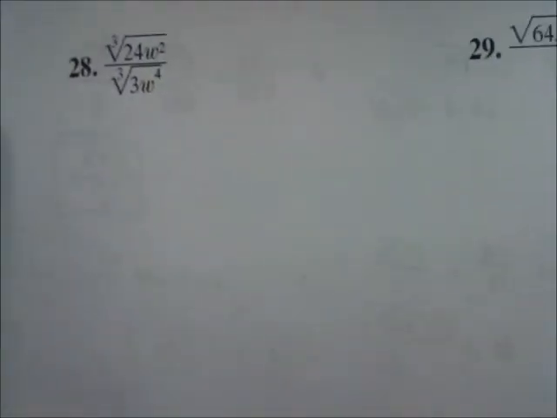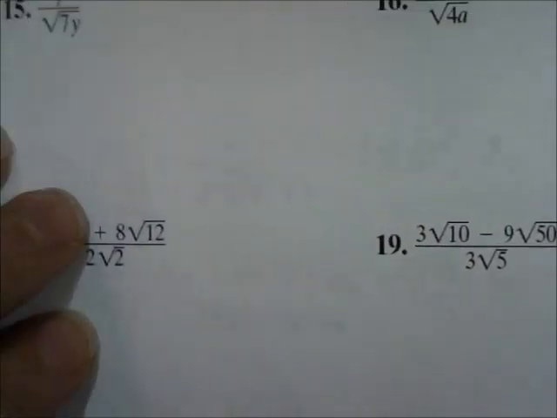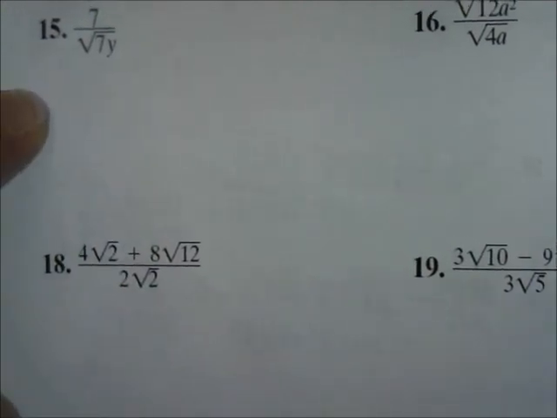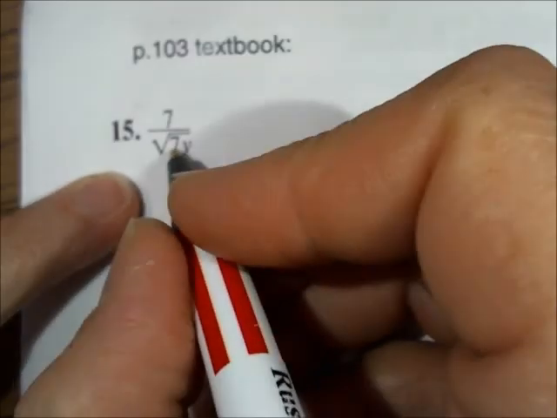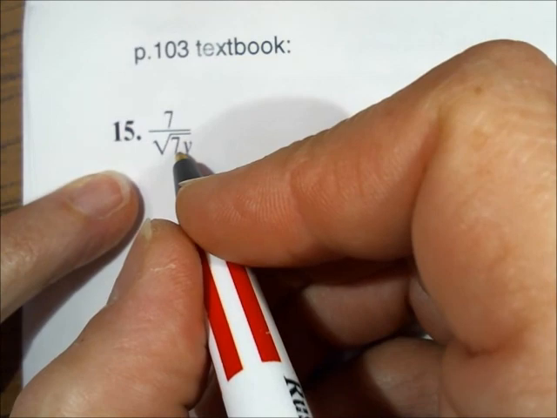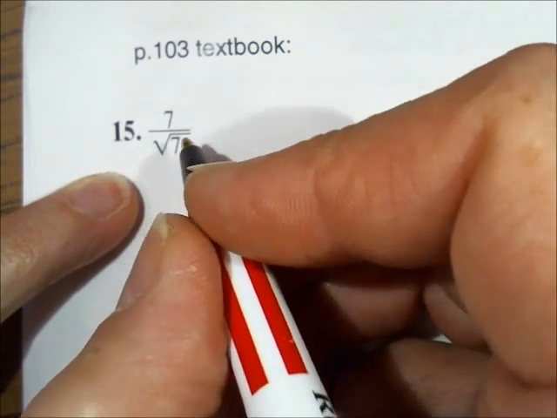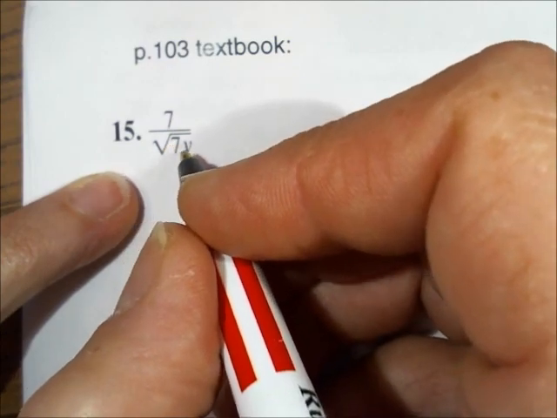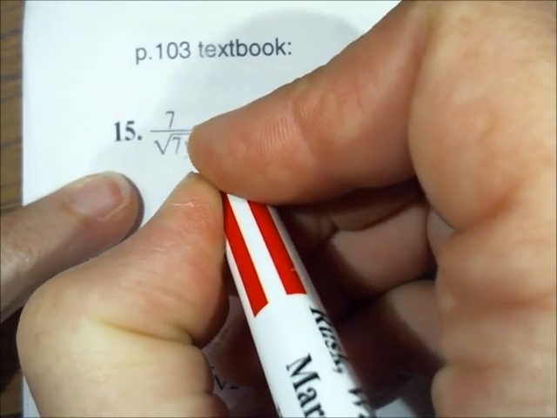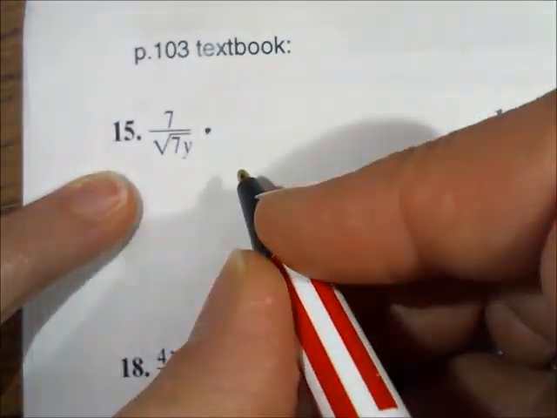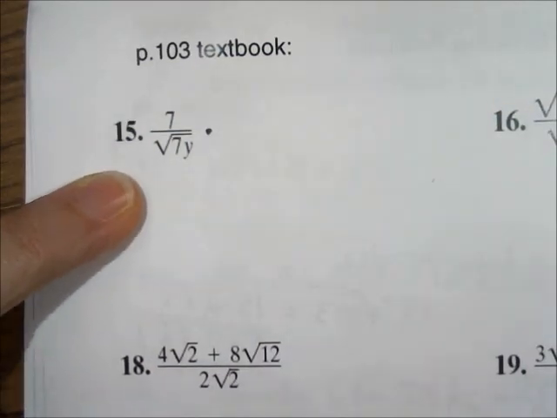Moving over to page 6 on the notes, we're going to have a lot of problems here, but I'm only going to go over the odd problems. And what we're going to do is review the fact that you can't have a radical in the denominator. So we're going to do something called rationalize the denominator, which just means get that radical out of there. And if you remember previously, what we're going to do is multiply this by 1.